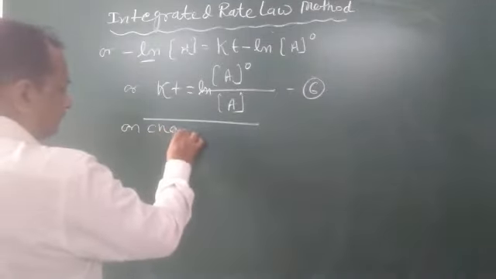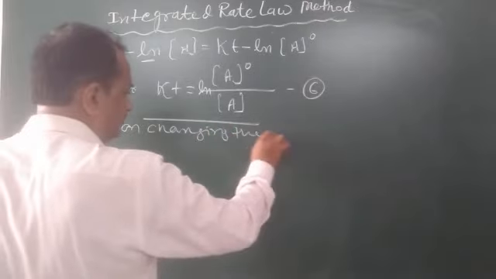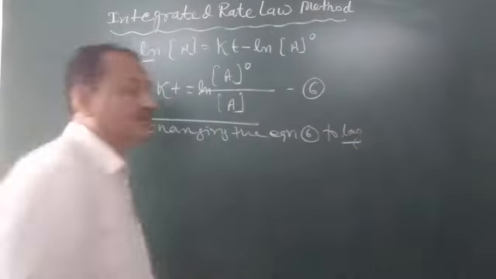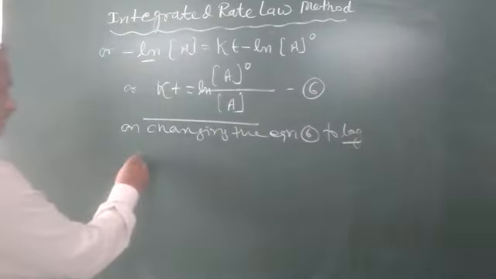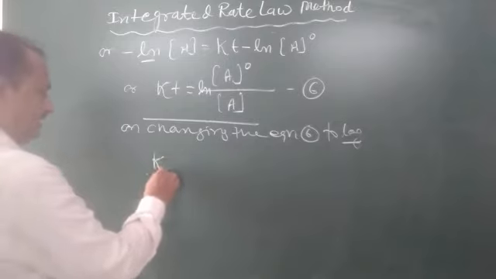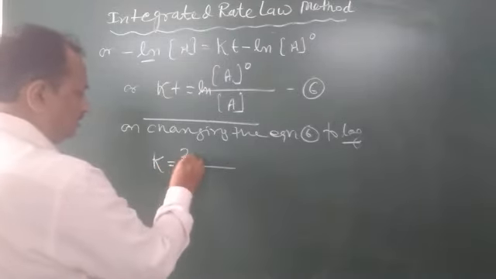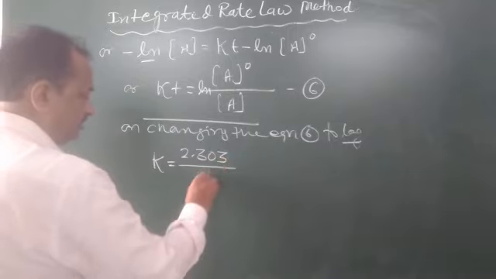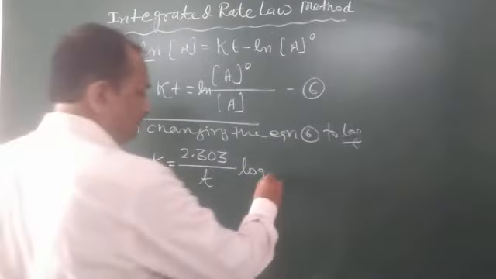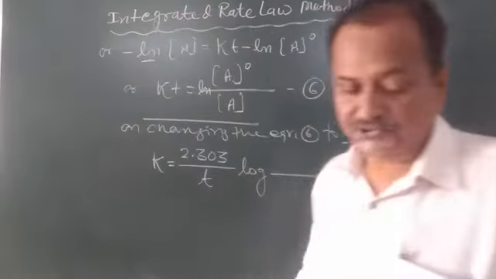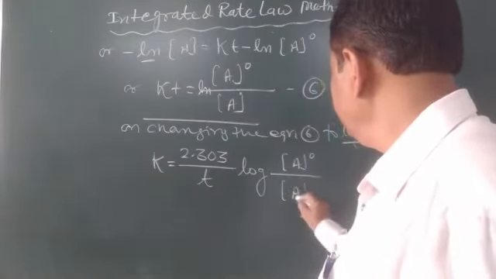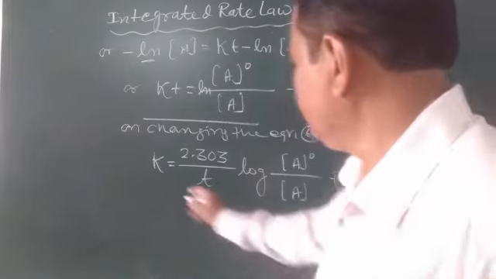On changing equation 6 to log base 10, K will be equal to 2.303 upon t into log of A naught upon A. This is equation number 7.